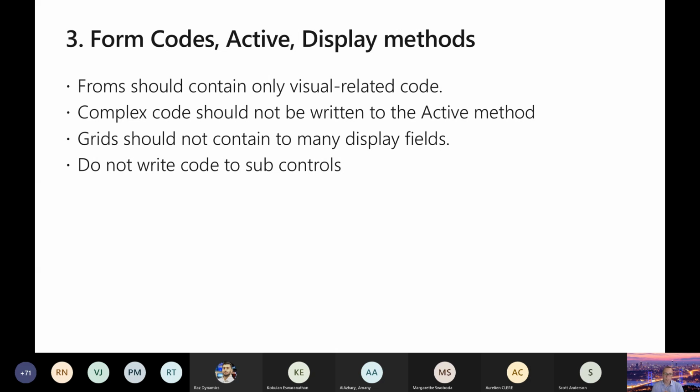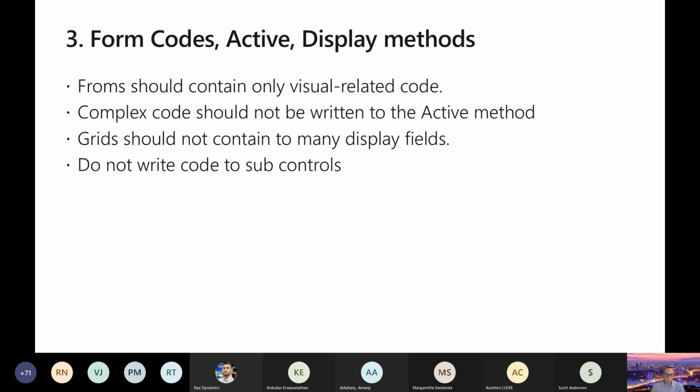If you have a complex requirement in the active method, be careful and make some major changes in the form design. And also, the grid should not contain too many display fields. Display fields are great, we like them a lot, but if you have especially an aggregated display field in grids, it makes the form very slow.